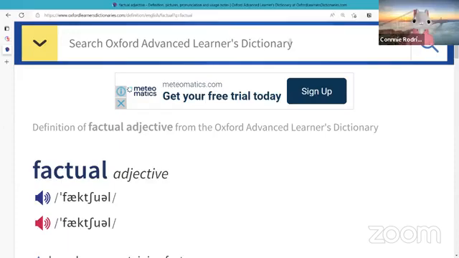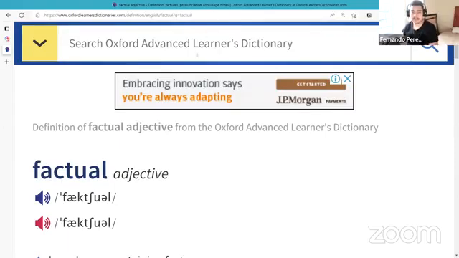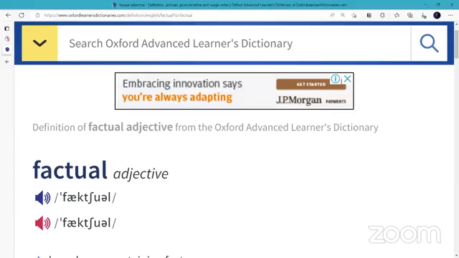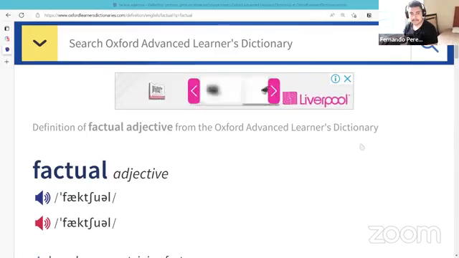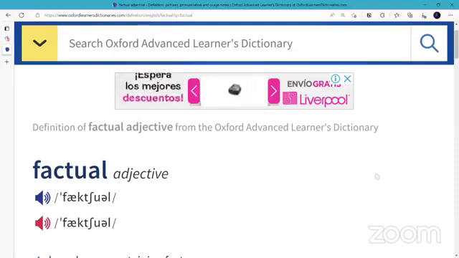Like based in facts. Okay, Connie has a very good closing. Based in facts. What about Isra? I was just going to say something immediately, fastly. Immediately. What do you mean immediately? Fastly away.